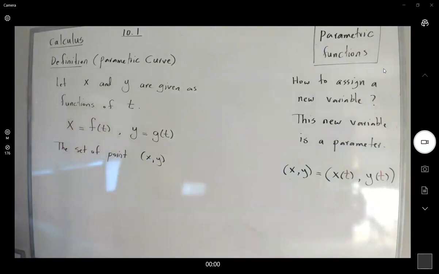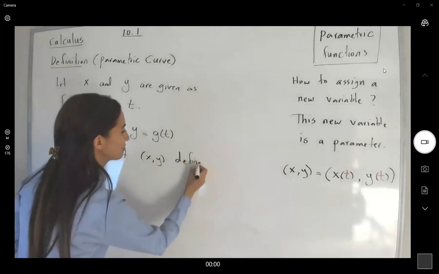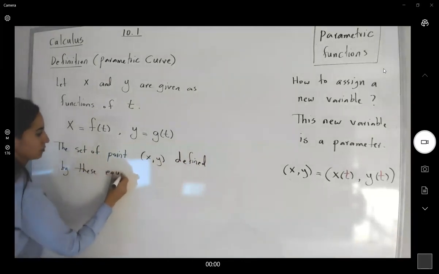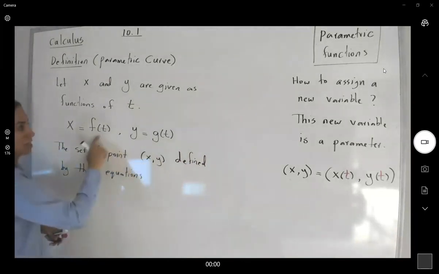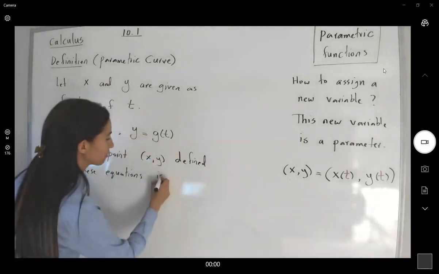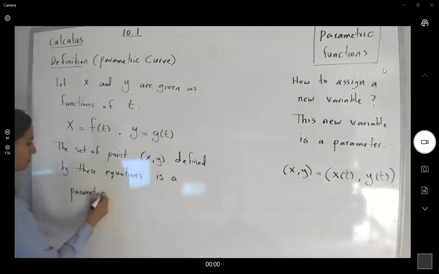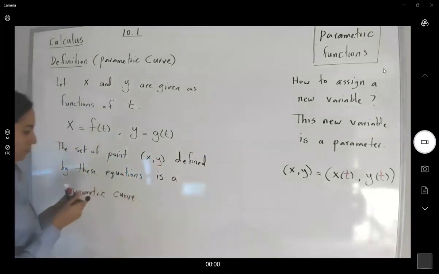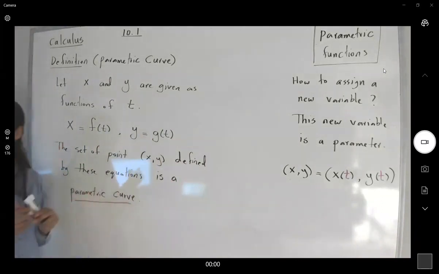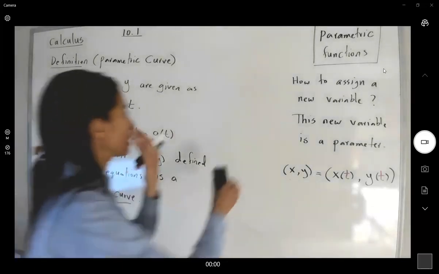The set of points defined by these equations, f of t and g of t, is a parametric curve. So this is the official definition. Give us an example. Okay.